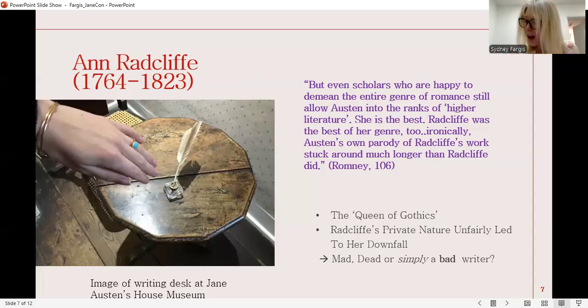Madness. So rumor had it that the very genre she birthed, the terror writing that would go on to inspire authors such as Emily Bronte, Bram Stoker, Edgar Allan Poe, Mary Shelley, that terror writing that she had essentially birthed, drove her insane.